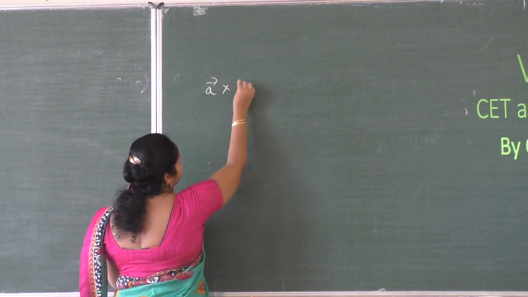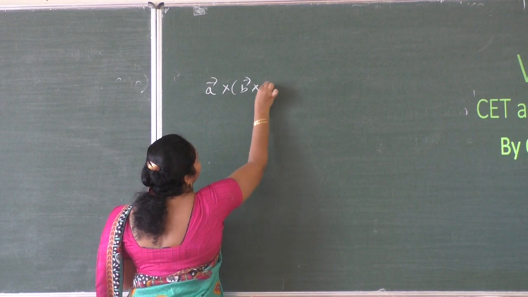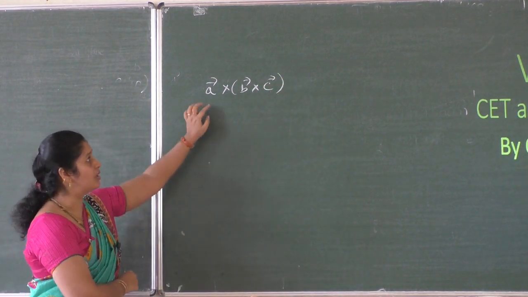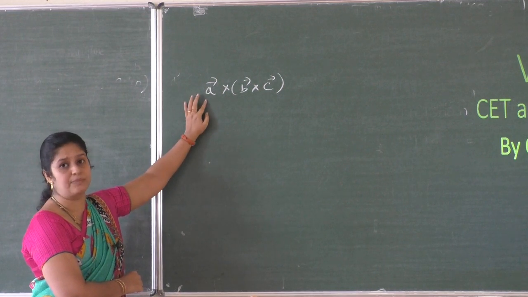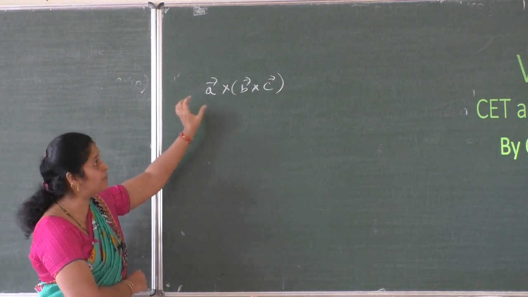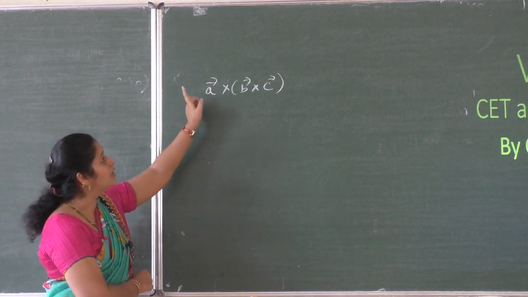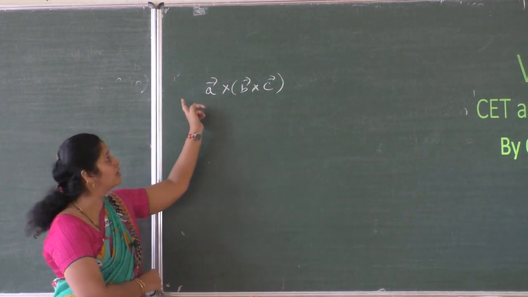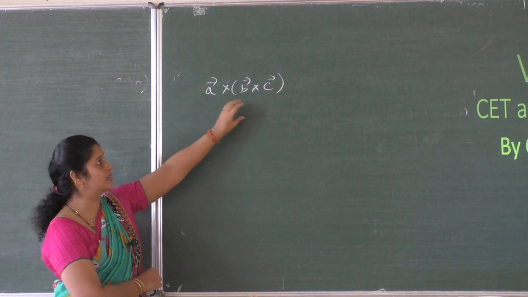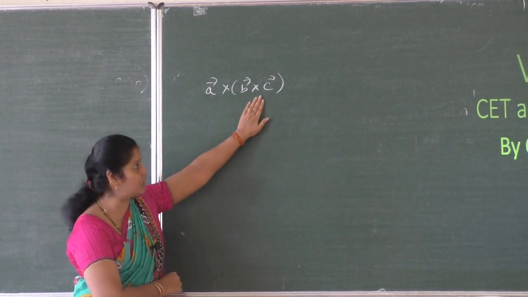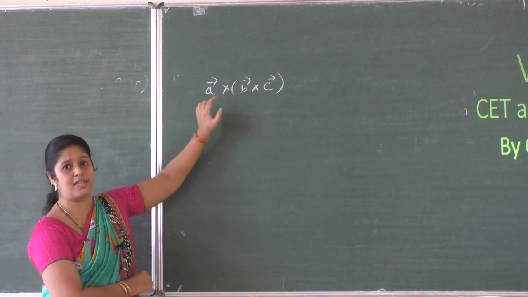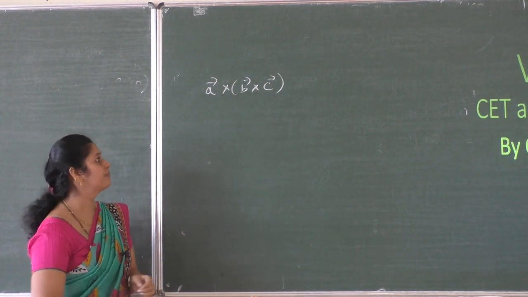Multiplying three vectors like this is called a vector triple product. As a product you are getting one vector. You know that vector A is a vector, and vector B cross vector C is a vector, so multiplication of two vectors by cross means again you are getting a vector.